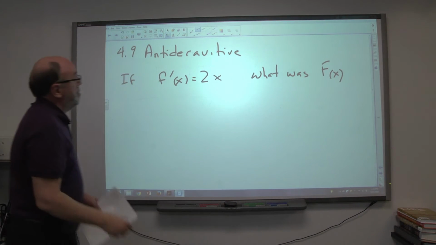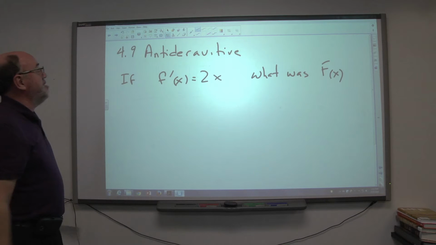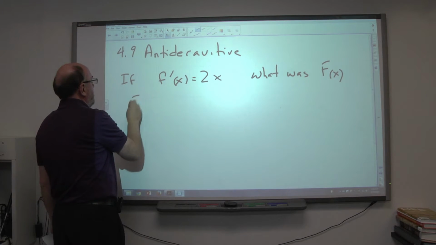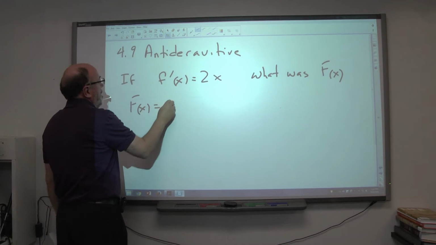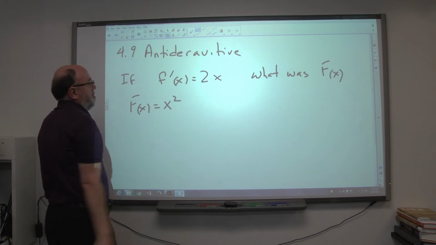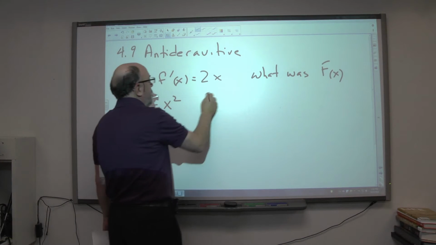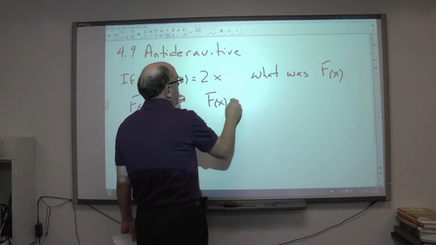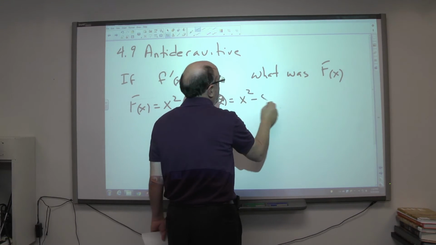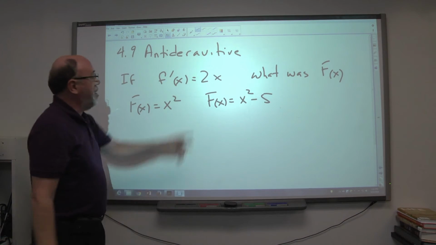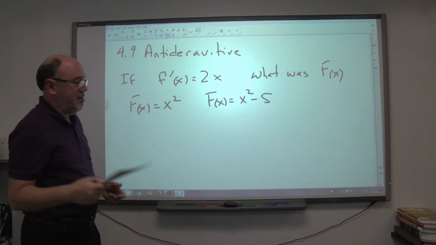Okay. Well, there are several possibilities. Well, f of x could have been x squared, so that would give me that derivative. F of x could have been x squared minus 5. That would also give me that derivative.